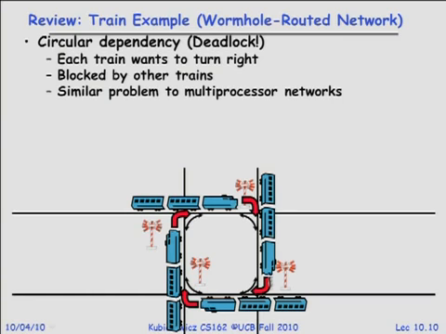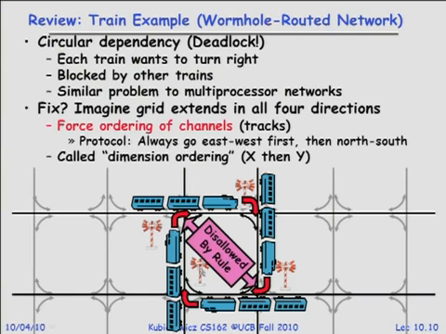Okay? Now, what's interesting about this is how many total turns are there? Well, 1, 2, 3, 4 possible turns going clockwise and 4 going counterclockwise. So there's 8 possible turns in a graph like this.